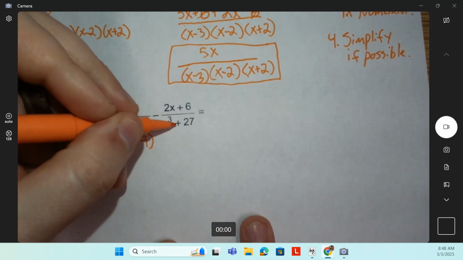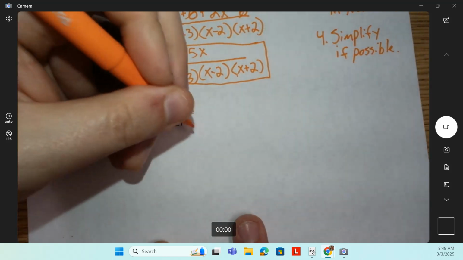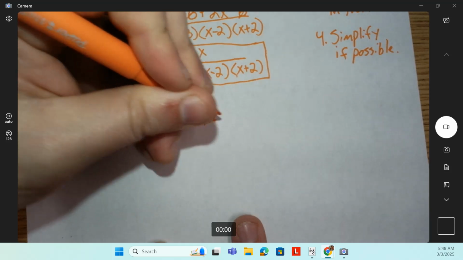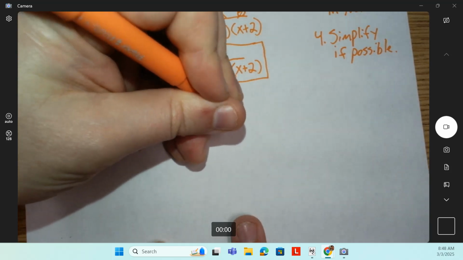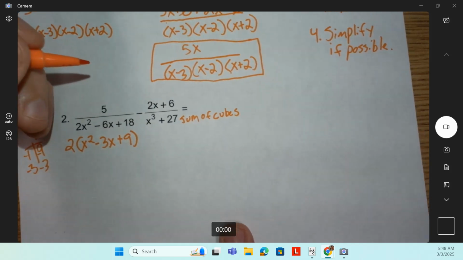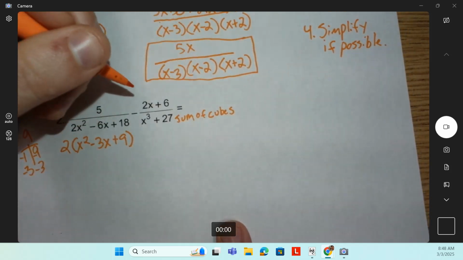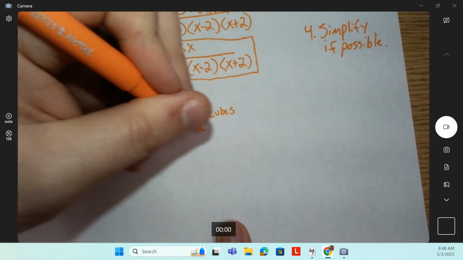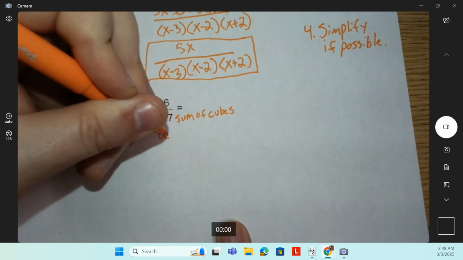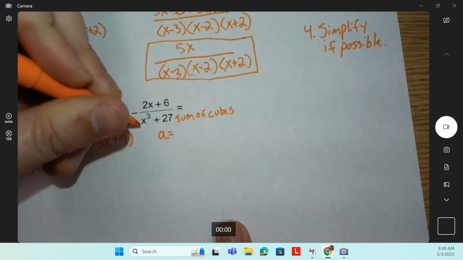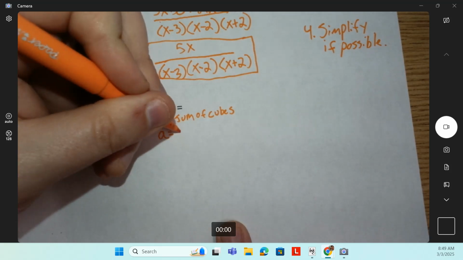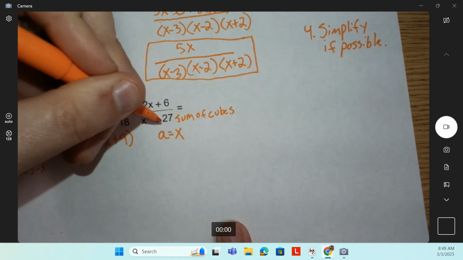For my x to the third power plus 27, that's going to be a sum of cubes. When I'm doing sum or difference of cubes, I have to figure out the a and b values. The a value would be the cube root of x to the third power, which is just x.